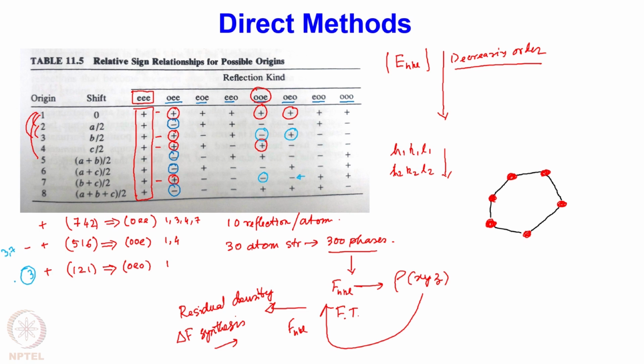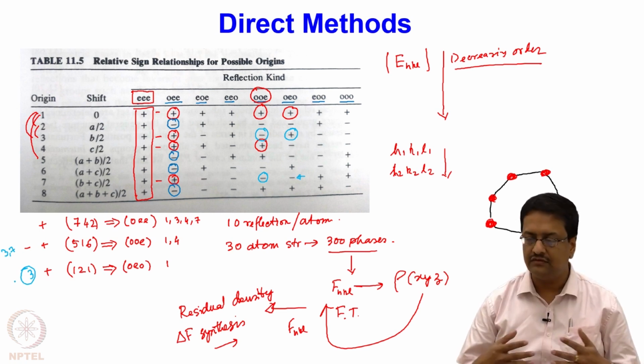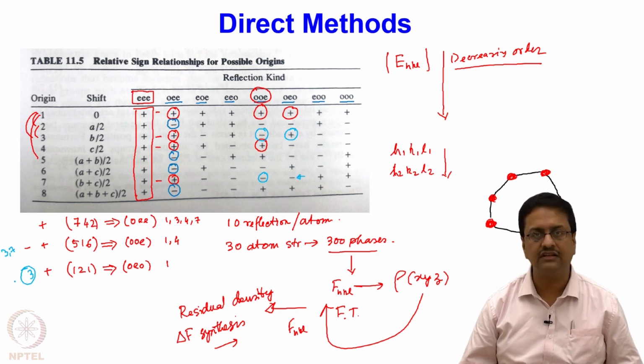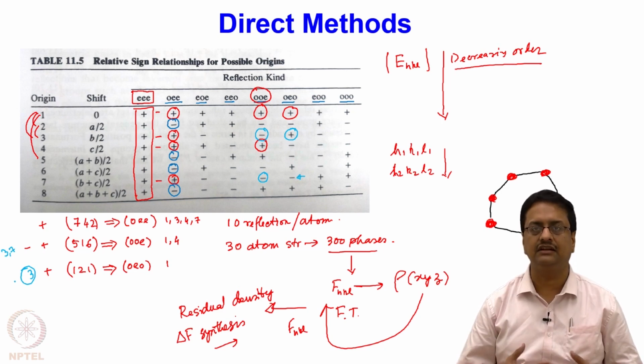Not too many years ago, about 30 years ago, this was reasonably difficult, but after ShellX came into picture in 1970s, this random phase determination and simultaneous Fourier transformation has become significantly useful for all kinds of centrosymmetric and non-centrosymmetric structures. So with this we will conclude the part of direct methods, and as I indicated, there are other methods of structure determination like Patterson method. So in the next lecture we will try to talk about this Patterson method.